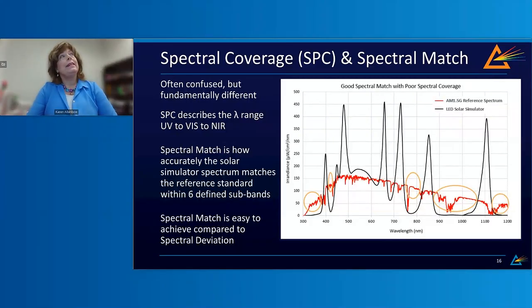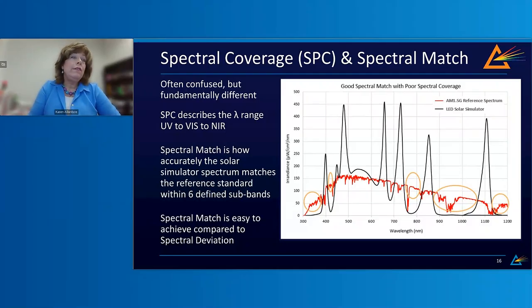So let's take a simple analogy, the piano. SPC tells you whether the piano has all 88 keys, and we hope that it does. Spectral match tells you whether the pianist hits those keys accurately according to the score. That would be good. And in solar simulators, you need both. A simulator might have excellent spectral match in the IEC bins, but poor coverage, so it misses large portions of the actual solar spectrum. That's exactly what we're showing in this plot.